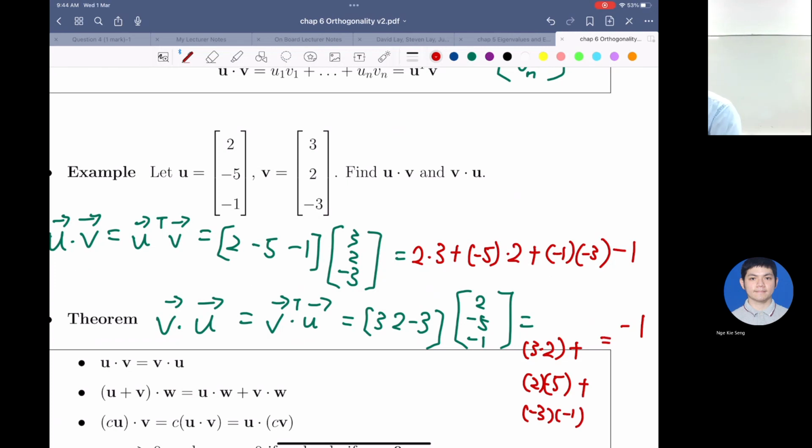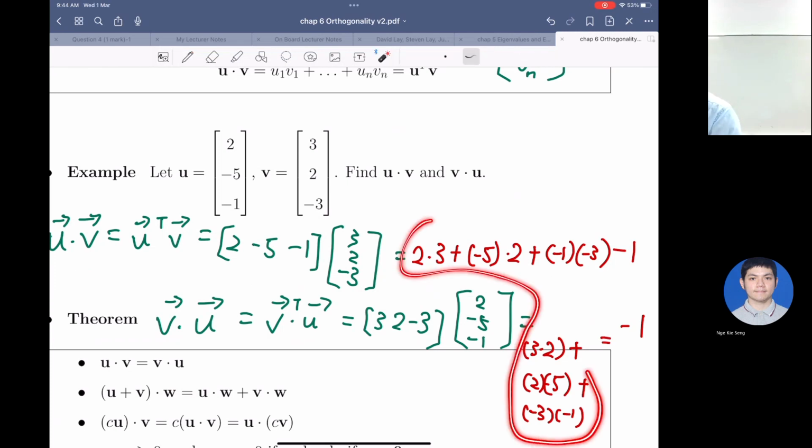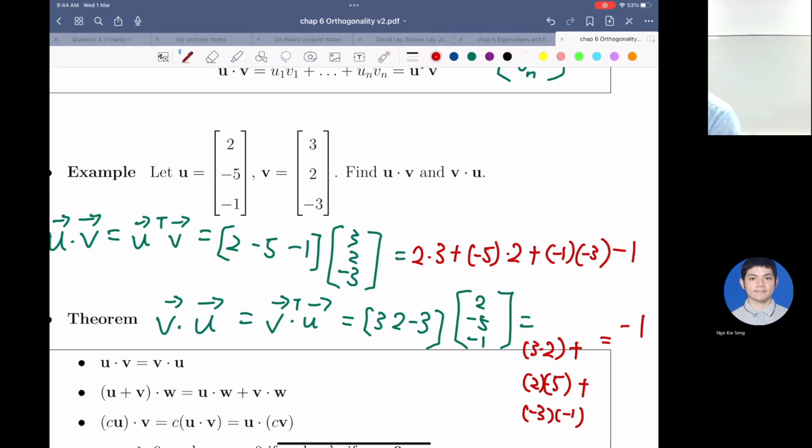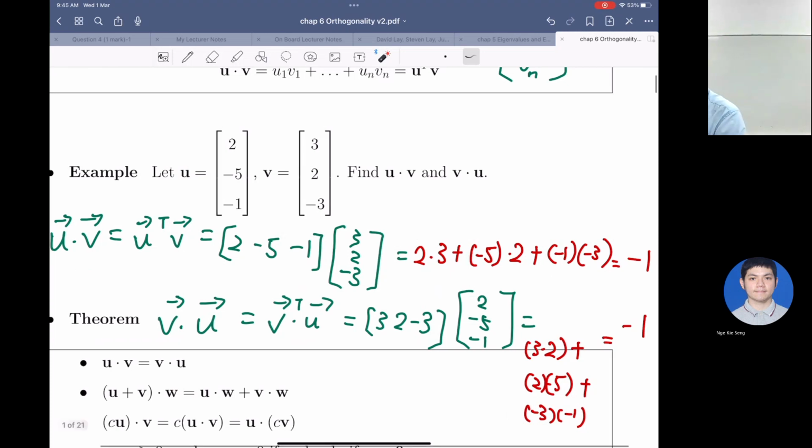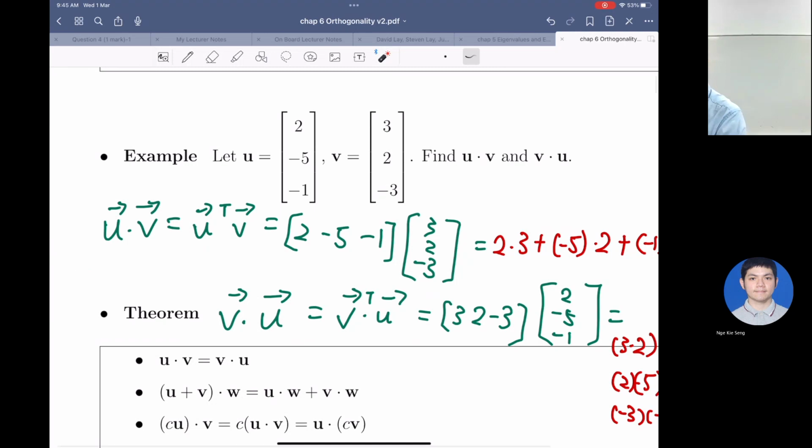From this calculation, it's not surprising that their solutions are the same, because when you multiply, you just swap the terms inside every summand. 2 times 3 becomes 3 times 2, -5 times 2 becomes 2 times -5, -1 times -3 becomes -3 times -1. So they commute. This inner product is commutative.